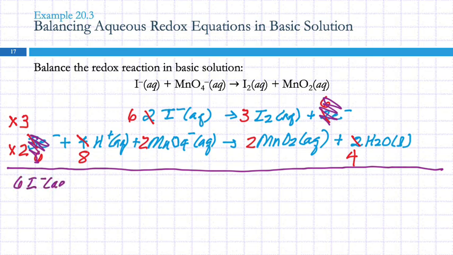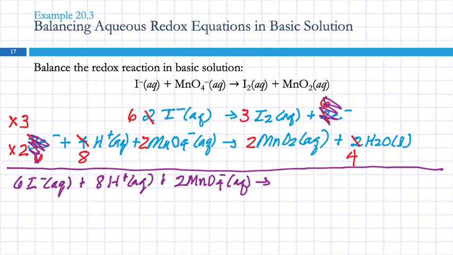So 6 iodide plus 8 hydrogen ions plus 2 permanganate ions is going to form 3I2 plus 2MnO2 plus 4H2O. You know that's a liquid, right?